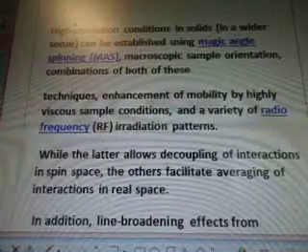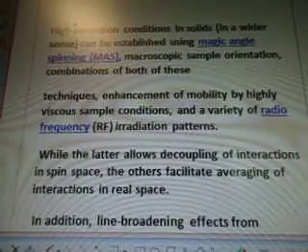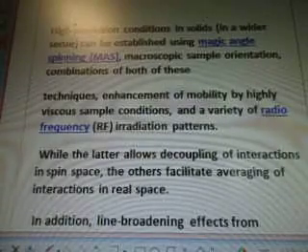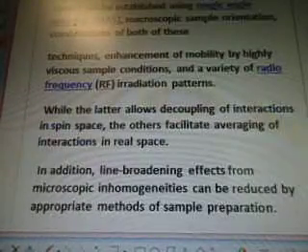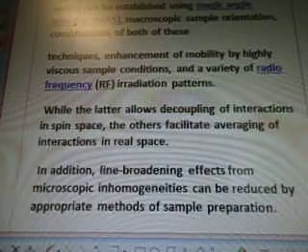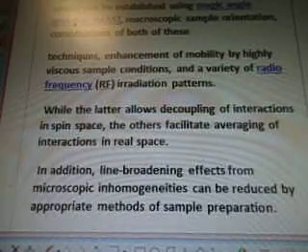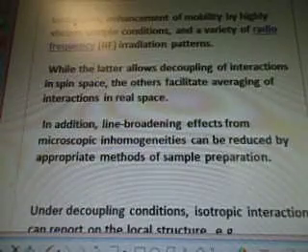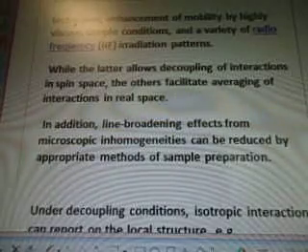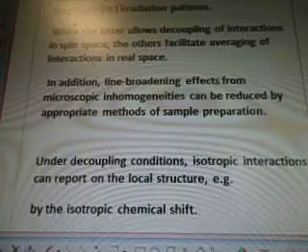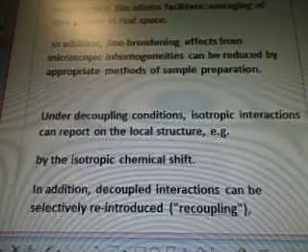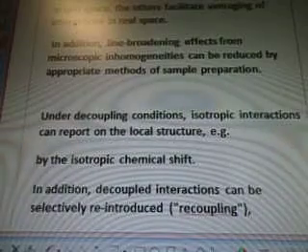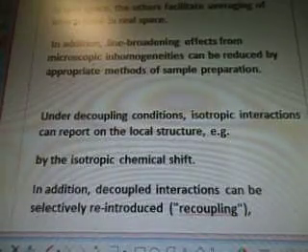High-resolution conditions in solids in a wider sense can be established using magic angle spinning, macroscopic sample orientation, combinations of both of these techniques, enhancement of mobility by highly viscous sample conditions, and a variety of radio frequency (RF) irradiation patterns. While the latter allows decoupling of interactions in spin space, the others facilitate averaging of interactions in real space. In addition, line broadening effects from microscopic inhomogeneities can be reduced by appropriate methods of sample preparation.